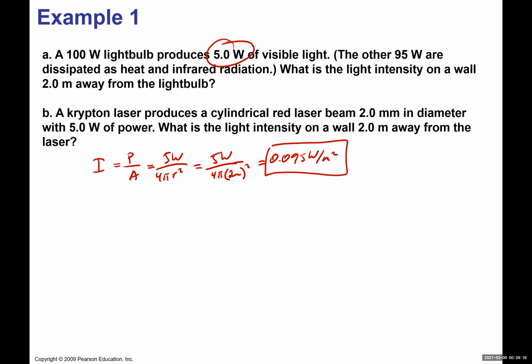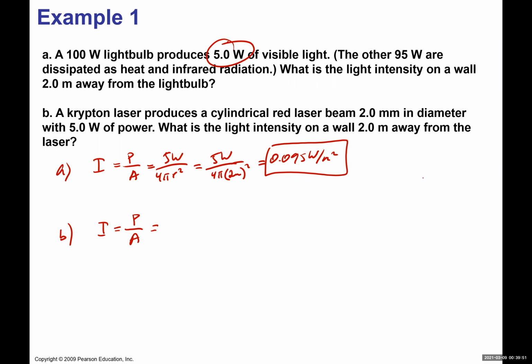All right, so part B says a krypton laser produces a cylindrical red laser beam 2 millimeters in diameter with 5 watts of power. What is the light intensity on a wall 2 meters away from the laser? So this is part A and this is part B. For part B, we are looking at the same equation: intensity equals power per area.